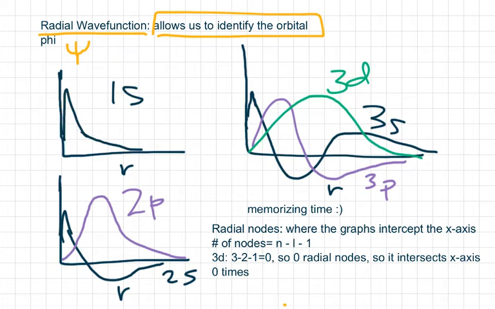But typically the signature feature of S sublevels is that they start off with this curve shape nearly touching the y-axis. So notice how for the 2S sublevel, it also does that. It starts by kind of touching the y-axis and then curving down. And same goes for the 3S sublevel. You see that it touches the y-axis really closely and then it starts curving down.